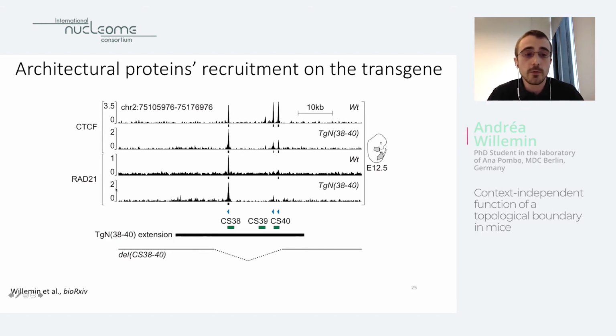To assess this, we performed chipmentation against CTCF and the cohesin subunit RAD21 in E12.5 mouse limbs. And by doing so, we observed a recruitment of both proteins on the ectopic region 3840 with profiles that were very similar in their shapes compared to those obtained for the endogenous region of the wild type sample.